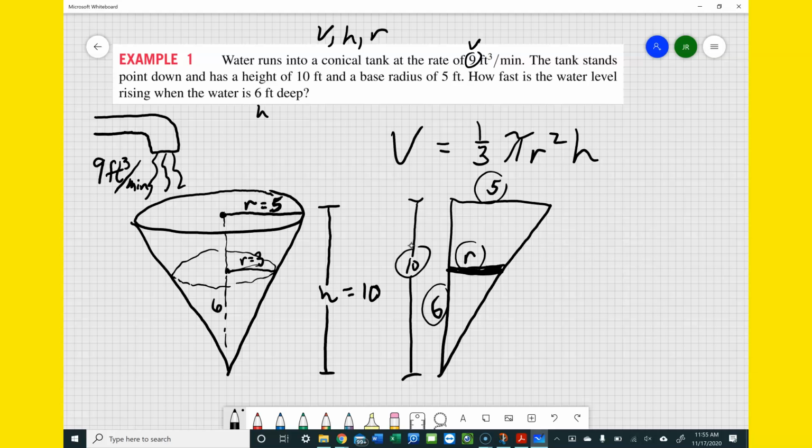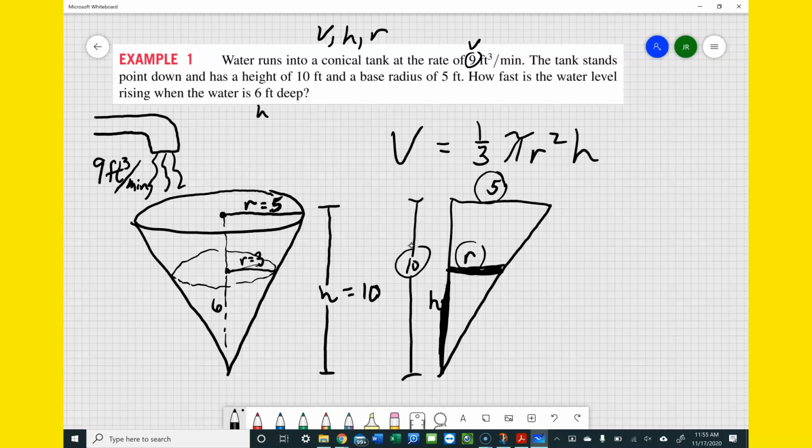But I think I can also just replace the r in this volume equation with an h in general. So instead of at this very moment, let me just say any r to any h. Instead of saying at the moment when the height is 6, I can relate the r to the h at any moment.